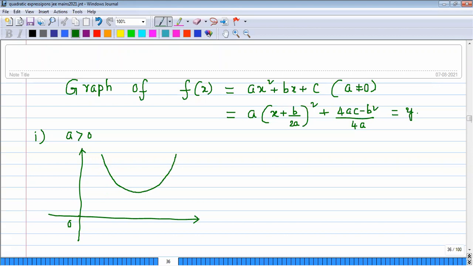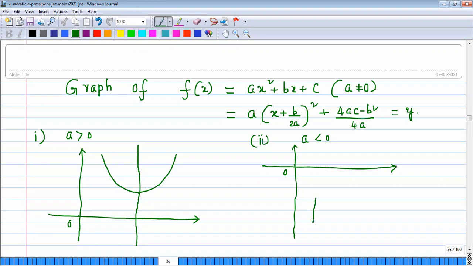Here one point you will get, when you draw a line parallel to the y-axis. Second, when a is less than 0, this is the x-axis, this is the y-axis, this is the origin. So the graph will be like this.